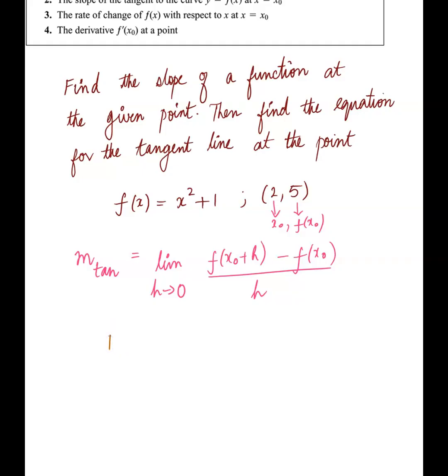We have actually only one point given to us, right? Because we're familiar with P and Q, you can think of P as (2, 5). We need another point Q so that we can then allow Q to approach P. So we know that the point Q is h units away from the point P. So it is 2 plus h and correspondingly f of 2 plus h. That's how you can define the other point.